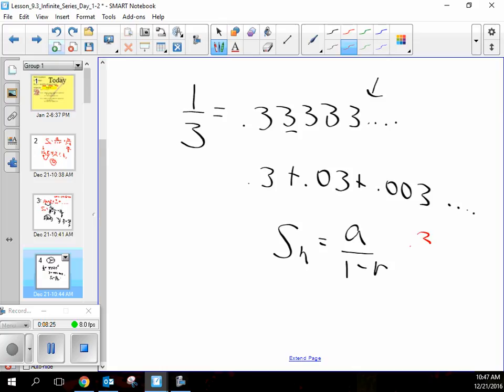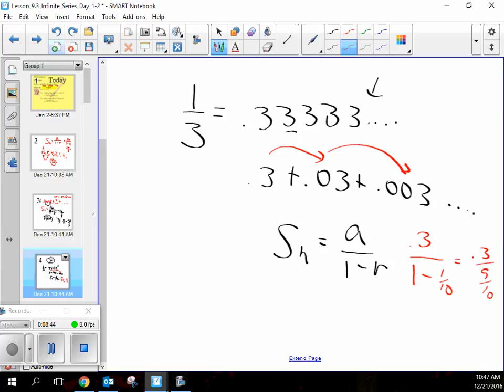A was 0.3, over r was 1 minus, what are you multiplying by each time to get it to turn to that? 1/10, or 0.1. And that means this is 0.3 over 9/10.